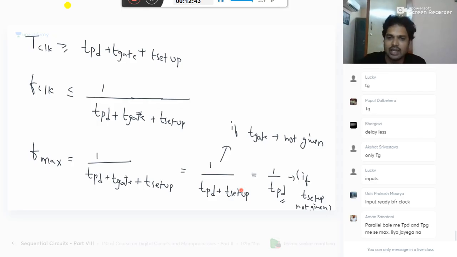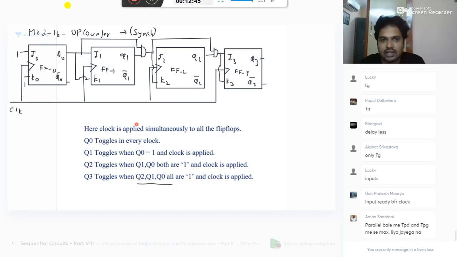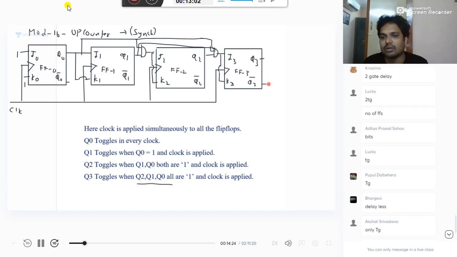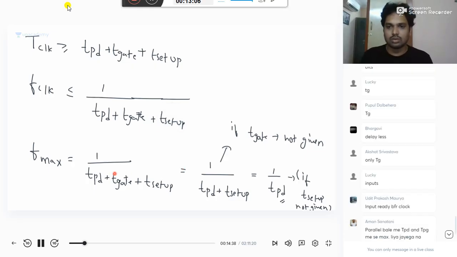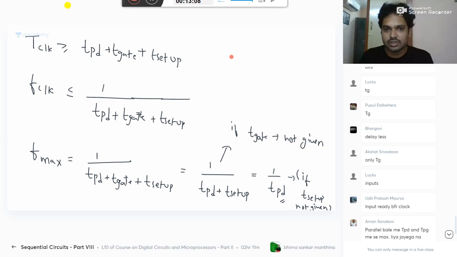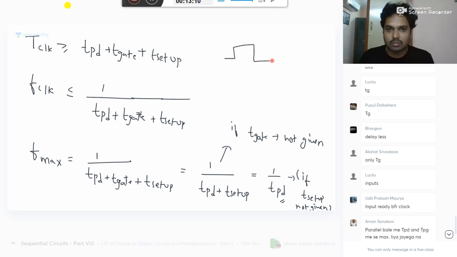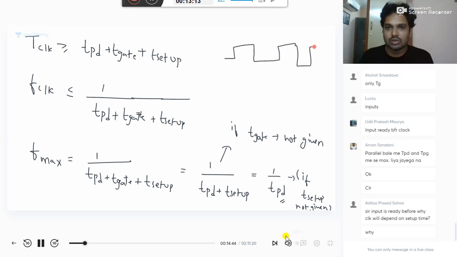What is TPD? Gate is to give the input, flip-flop is to get the output. Both are working in parallel. Okay, you see here, only the gate will change, then the flip-flop will work. Before the clock means this is your clock, it is continuous.